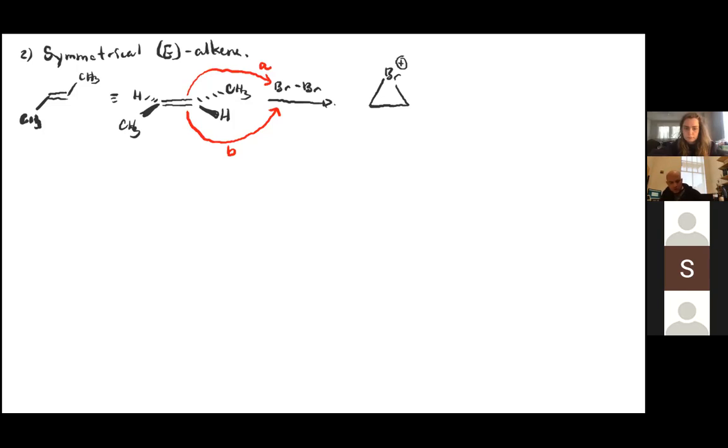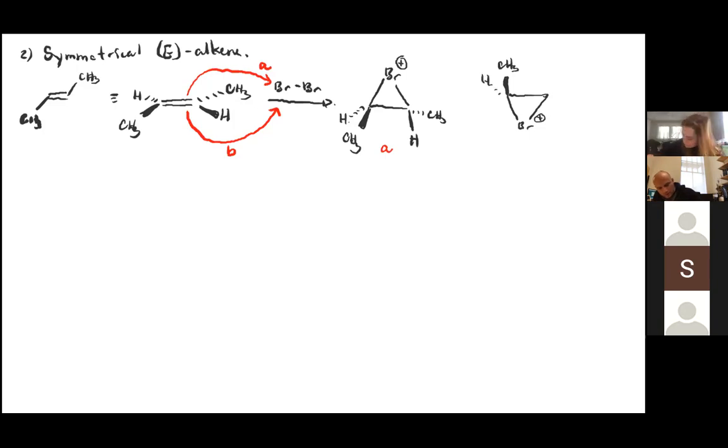So this is approach of the bromine from the top face, and the bromonium ion will look something like this. And okay, so that is arising from pathway A. And then the other one comes from a bottom side attack, Br plus, and my methyl group is out now.